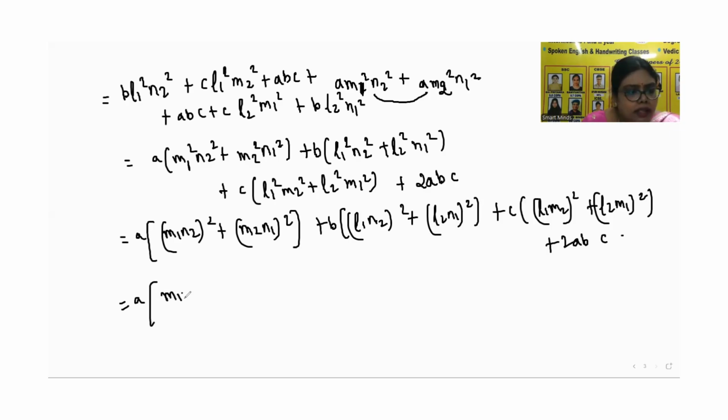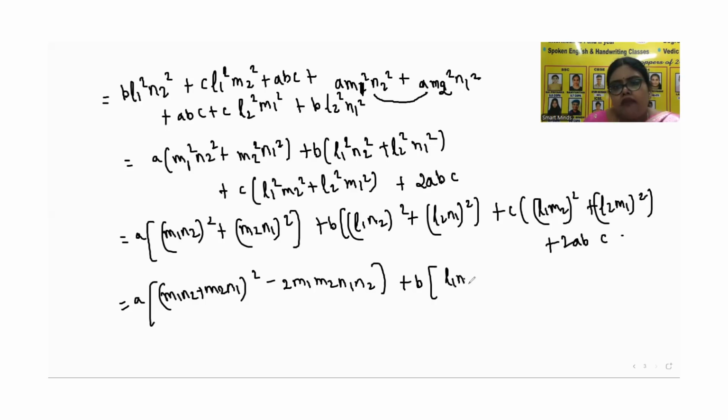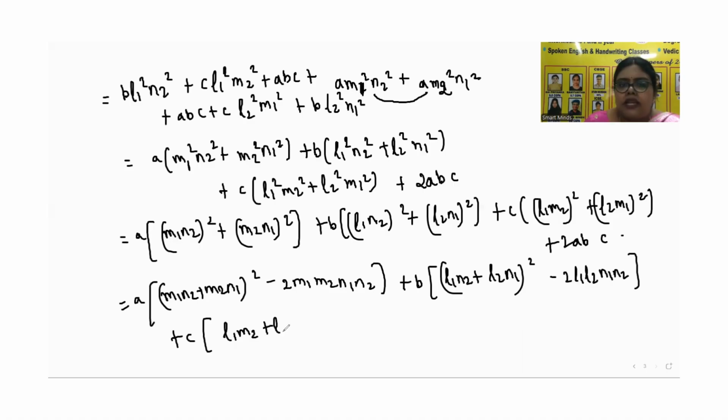So we will write M1 N2 plus M2 N1 whole square minus 2 M1 M2 N1 N2, plus B into, same way, L1 N2 plus L2 N1 whole square minus 2 L1 L2 N1 N2, plus C into L1 M2 plus L2 M1 whole square minus 2 L1 L2 M1 M2, plus 2ABC.